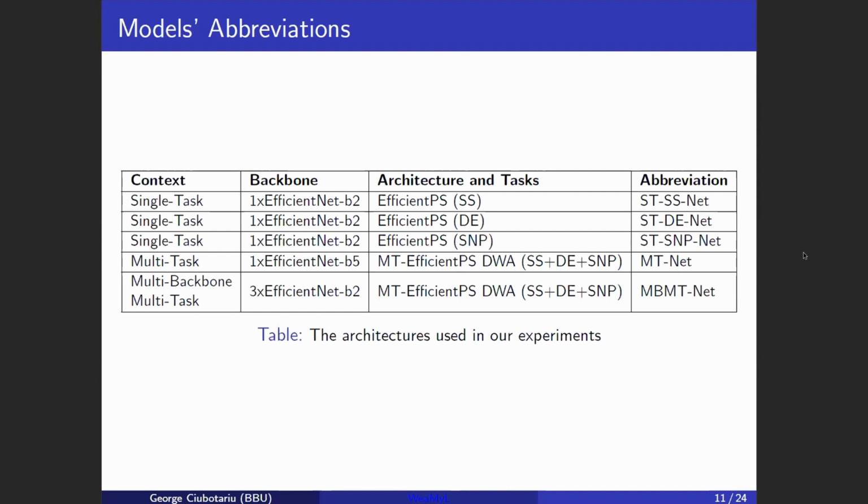Our multi-backbone multitask network has 3 EfficientNet B2s to show the potential of this EfficientNet and also keep the number of parameters low. So eventually the comparison is fair and the number of parameters between the multitask and multi-backbone multitask is about the same. Actually, in the MBMT-Net, we have 98.19% of the parameters from the MT-Net.